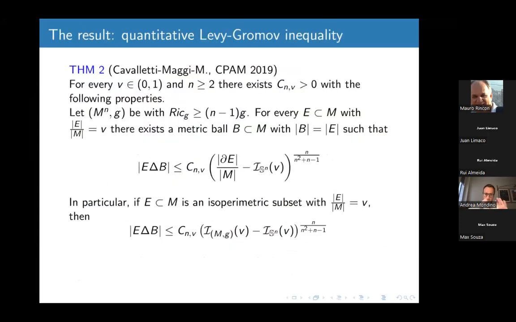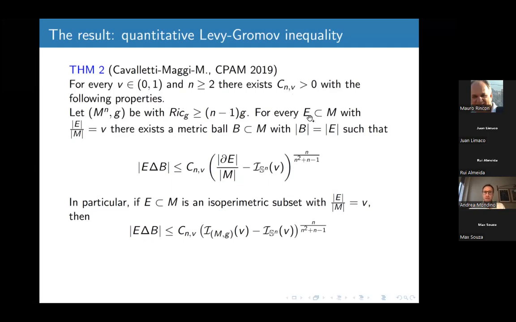Okay, so with such a technique, together with Cavalletti and Maggi, we proved the quantitative Lévy-Gromov inequality, which says the following. Fix some volume V between 0 and 1, a dimension n. Then there exists a constant which depends on the dimension and on the volume, so on n and on V, with the following properties. Let M^n be an n-dimensional manifold with the Ricci bounded below by n-1.